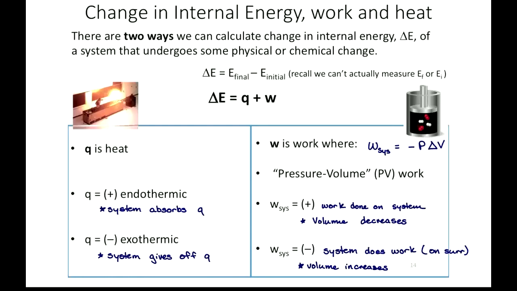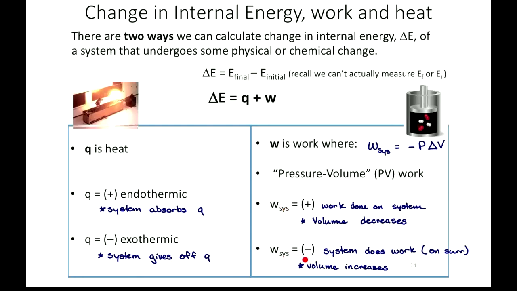A positive sign of work is related to a decrease in volume of the system. Do you see that? If you put a negative value in for delta V, don't you get a positive work out of it? That's how you can figure out the sign. I'm the surroundings, squeezing that balloon smaller, volume is getting smaller. That's a positive sign of work.